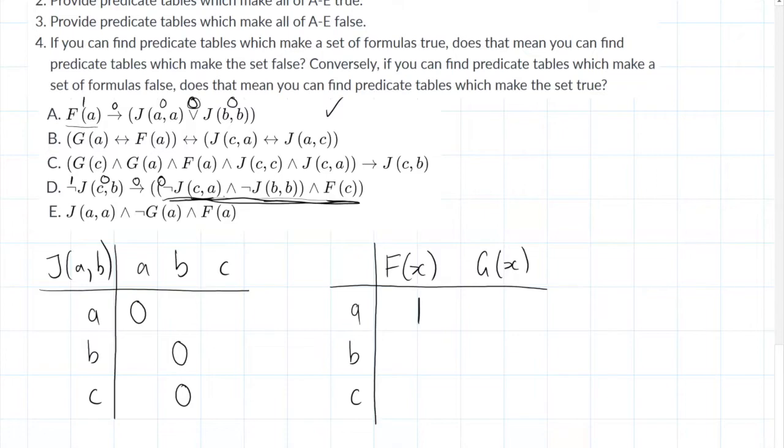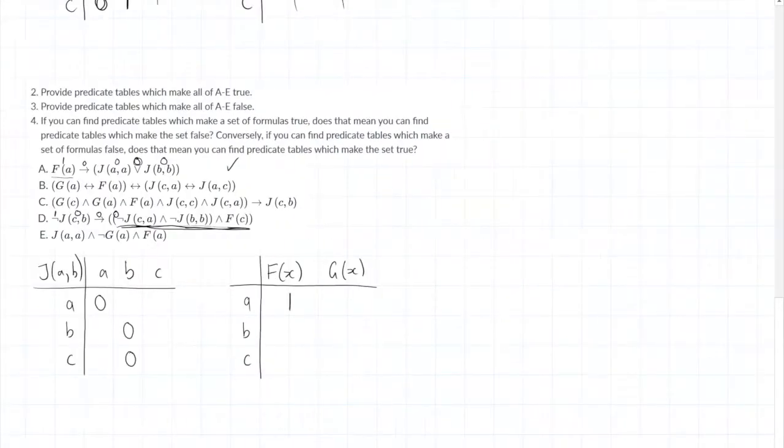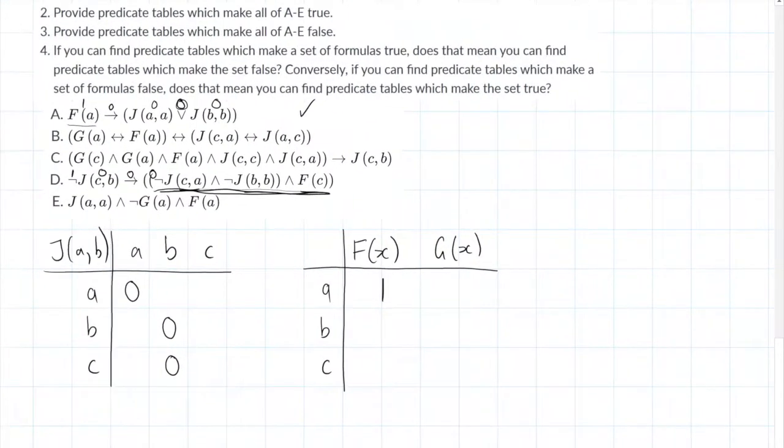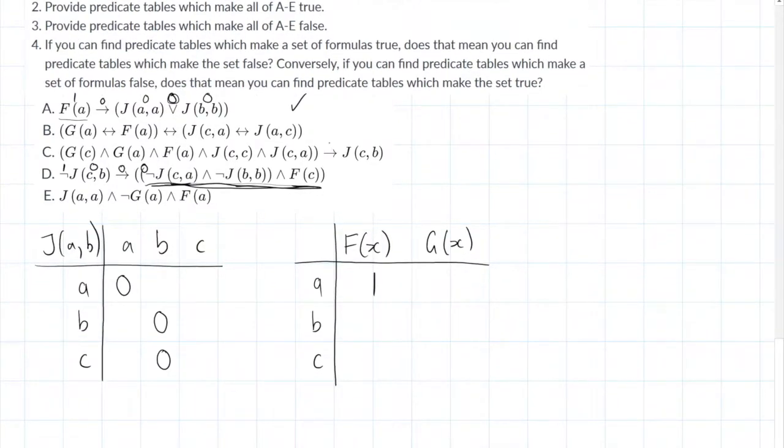So why don't I look at C next, because that's also an arrow. For C, the arrow needs to be false, so this whole long conjunction has to be true, and this JCB has to be false. Is JCB false? Yes, it already is, so that's good.